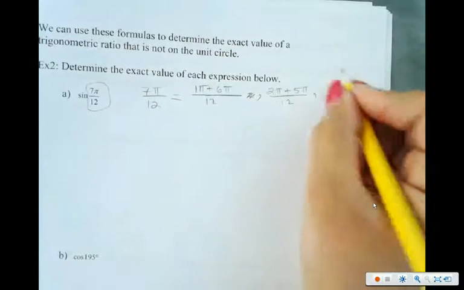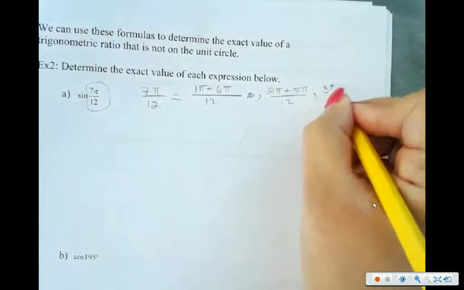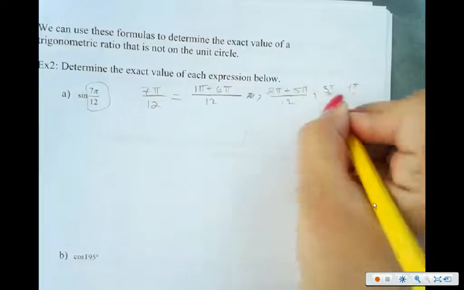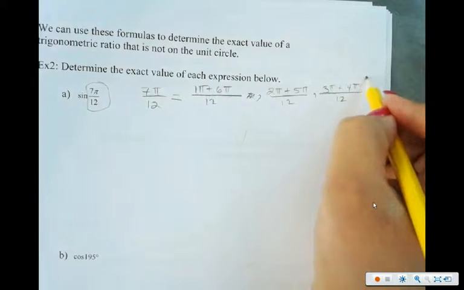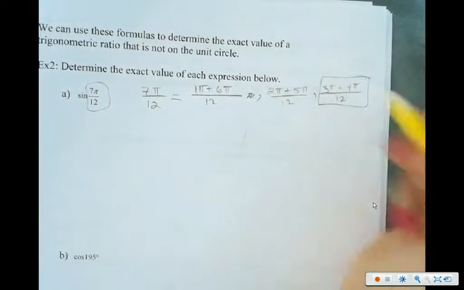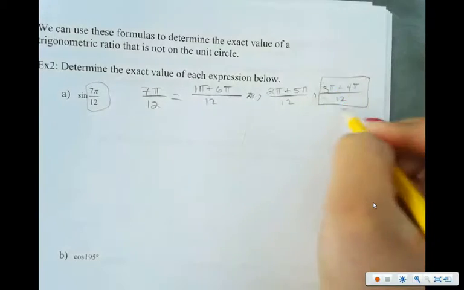I could look at it as 3 pi plus 4 pi over 12. Do you see what I'm doing? All I'm doing is breaking up the numerator so that I can see what's going to reduce nicely. So both of these can be reduced fairly nicely. So what is this part going to reduce to?